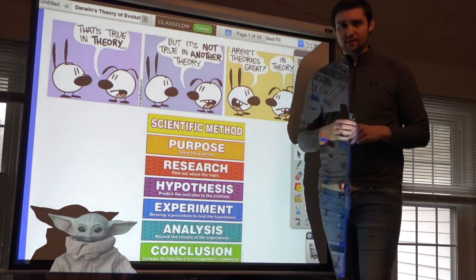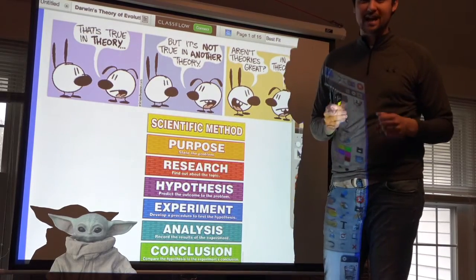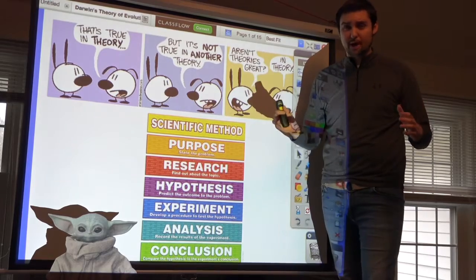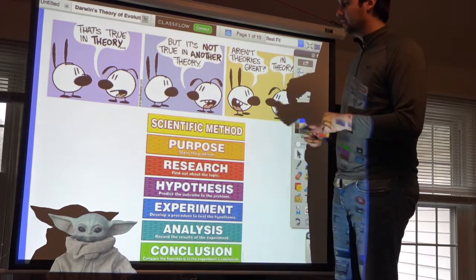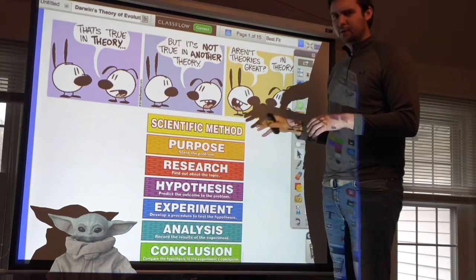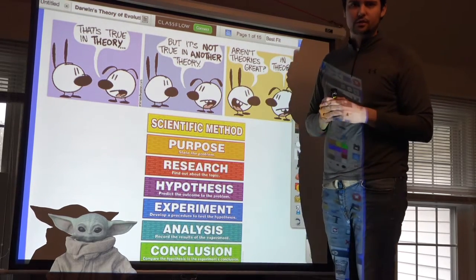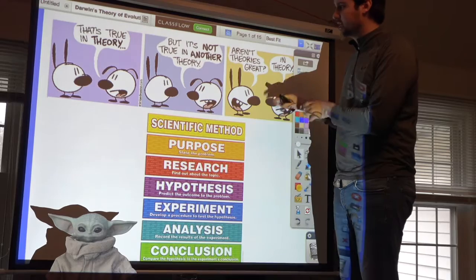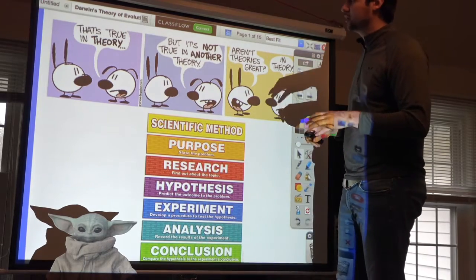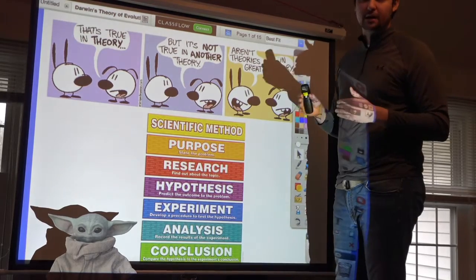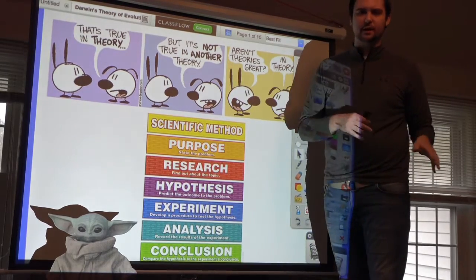So a theory is actually a well-tested explanation based upon an insurmountable amount of evidence. It isn't the common language use that you're probably thinking of when it comes to science. When we're talking about Darwin's theory of evolution, there's a tremendous amount of evidence to back up why this is happening.